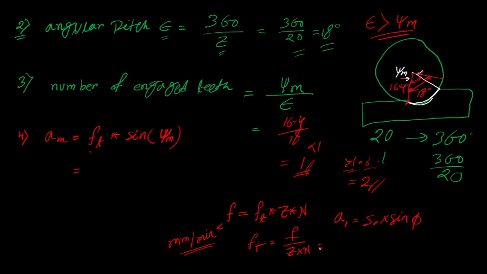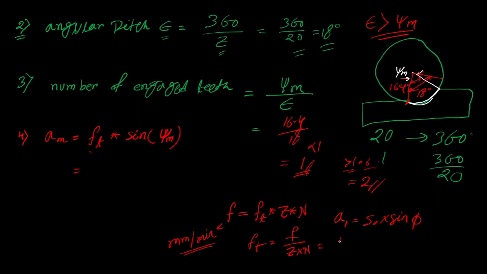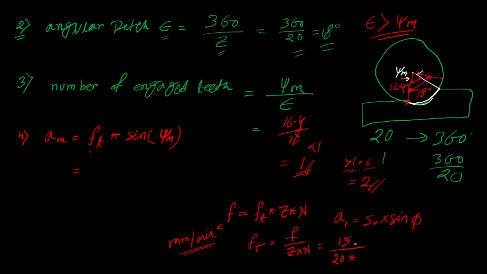In this case the table feed was provided as 15 millimeter per minute, z as 20, and the rotation as 60 rpm.